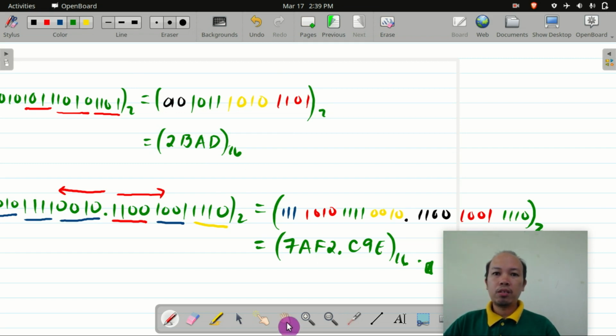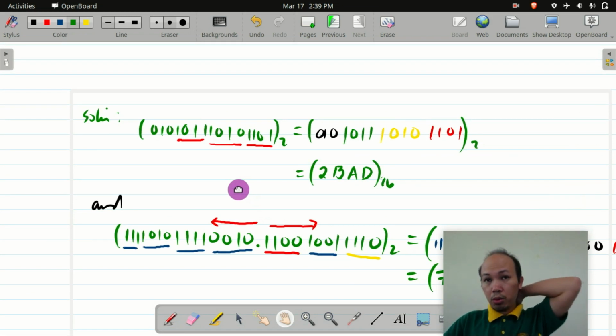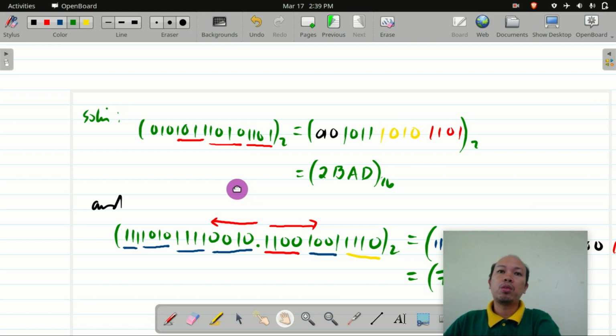We are done on how to convert base 10 into base 16 to base 2. If you are given a base 10, first you have to convert it to octal and then use this method here.